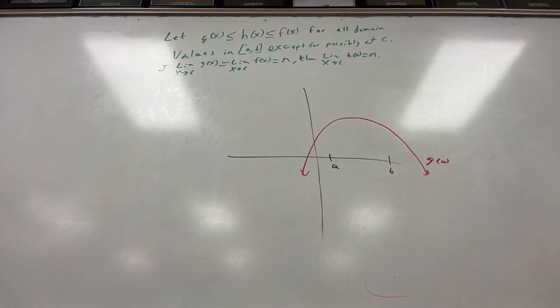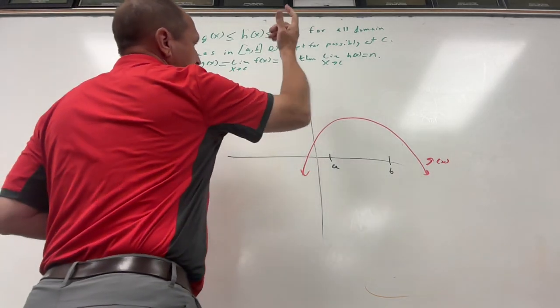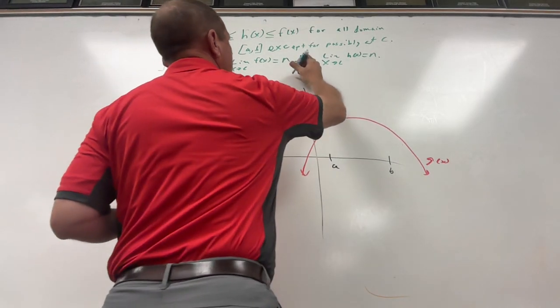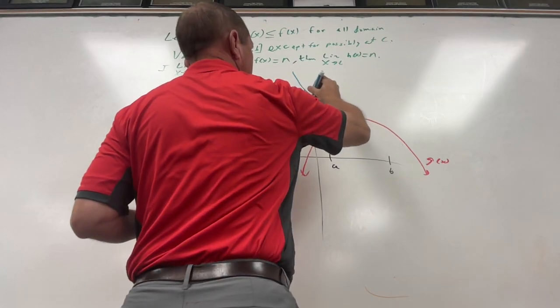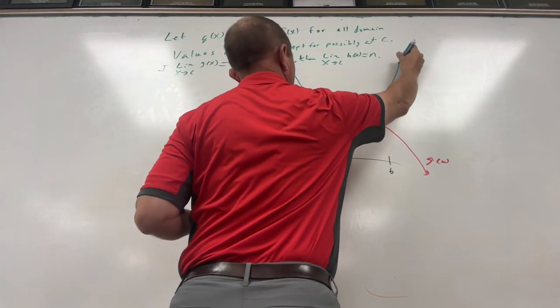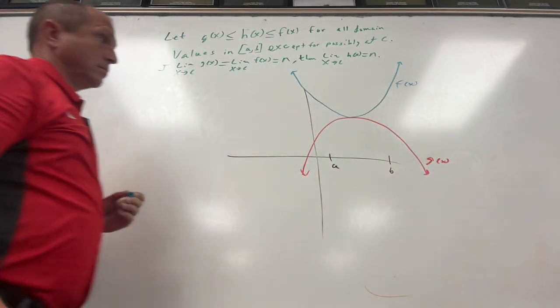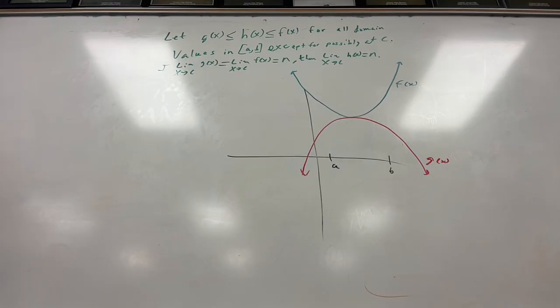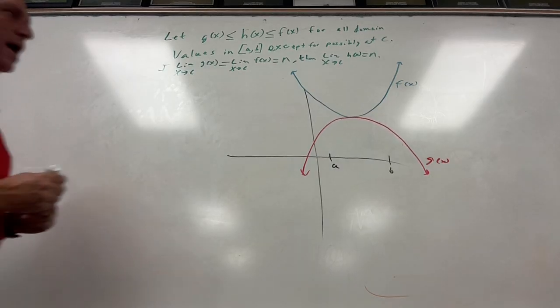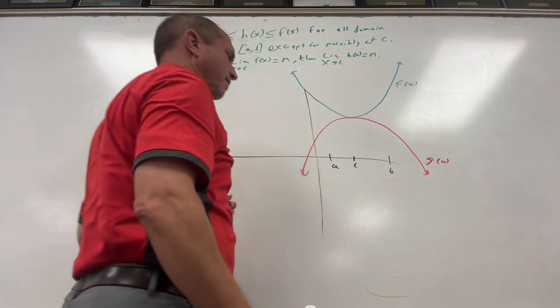Now, I also have f of x. And I'm going to let f of x do this. Now, this value right here is going to be my value of c.